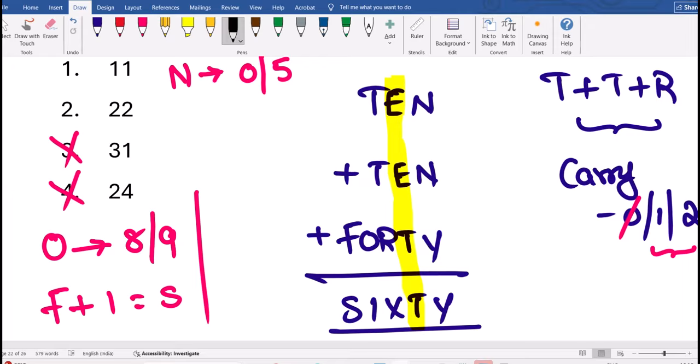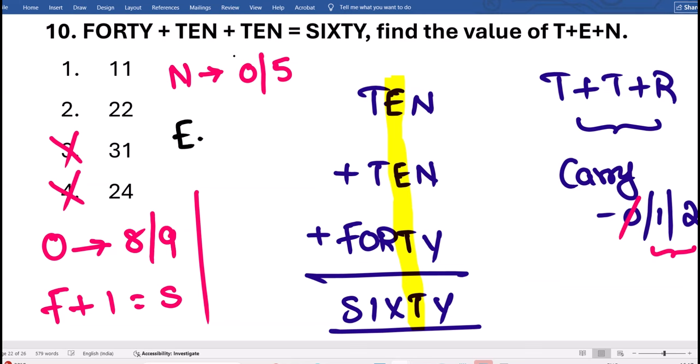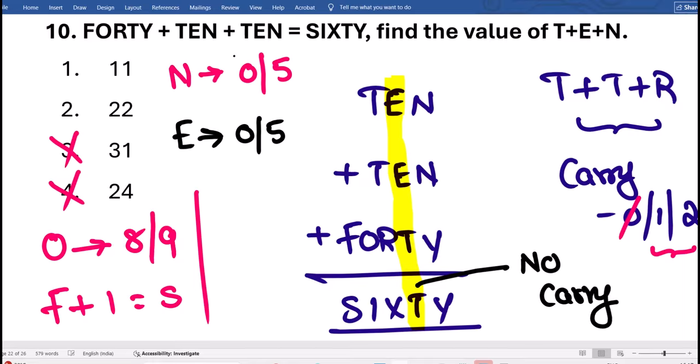Now E plus T, units place must be T. E 0 or 5 is one case if there is no carry. If carry is 0, E must be 0 or 5. 5 plus T, if there is no carry generated from previous, then yeah, fine.